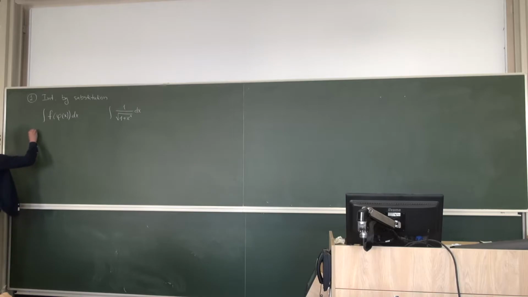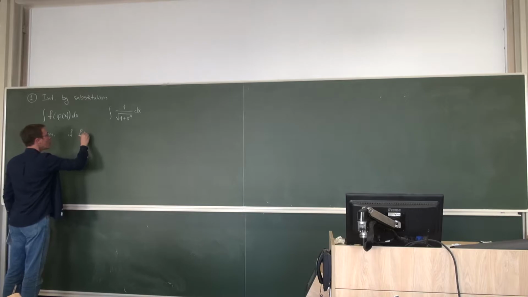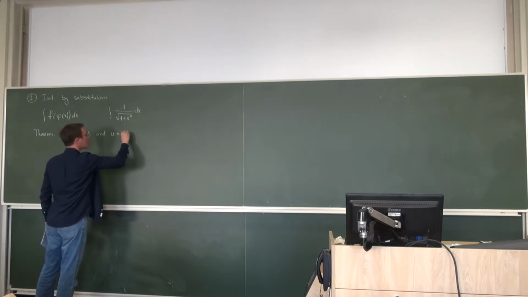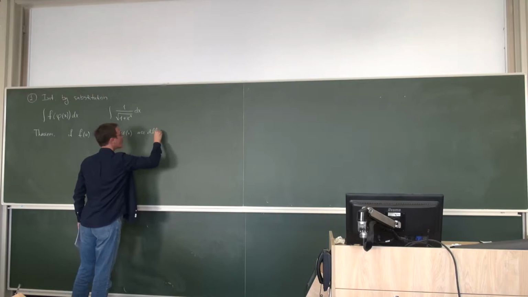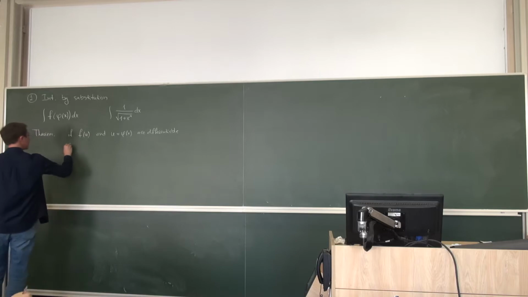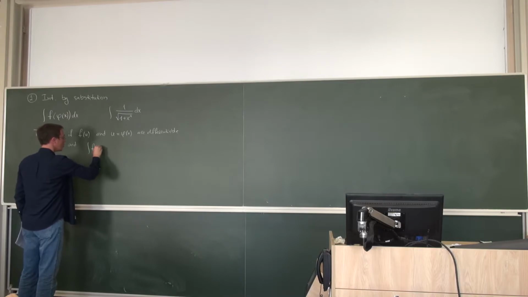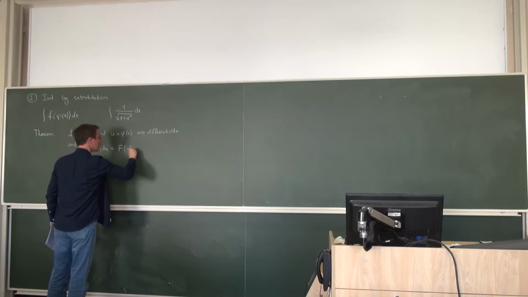So, a theorem that states the principle of integration by substitution: if f of u and u equals phi of x are both differentiable, and the antiderivative of f of u is big F of u plus a constant.